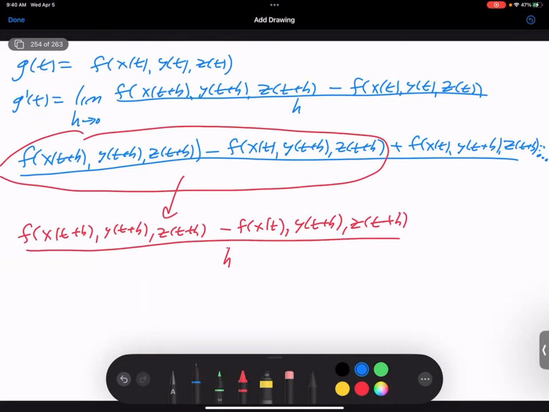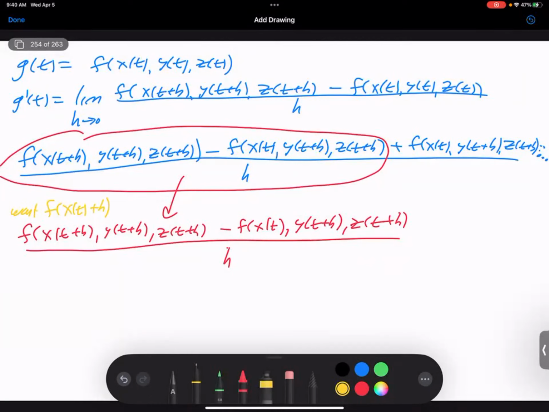So when you look at this, it almost looks like the derivative with respect to the first variable. The problem is we have f of x of t plus h. We want the h to be outside the x of t. Then it would just be the derivative of the first part.